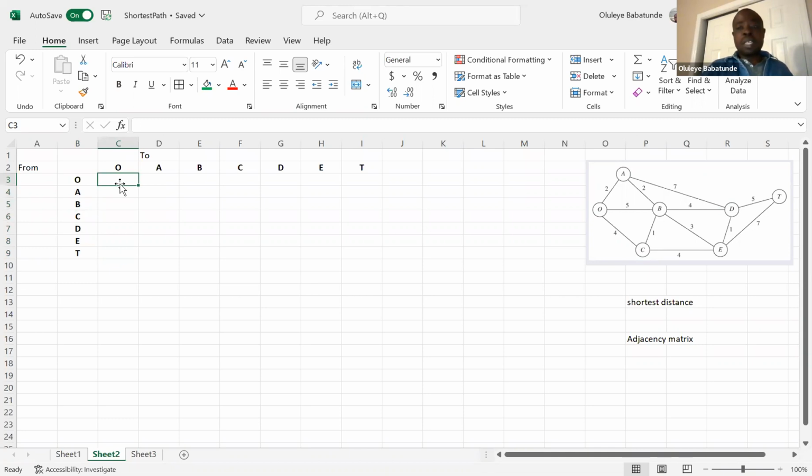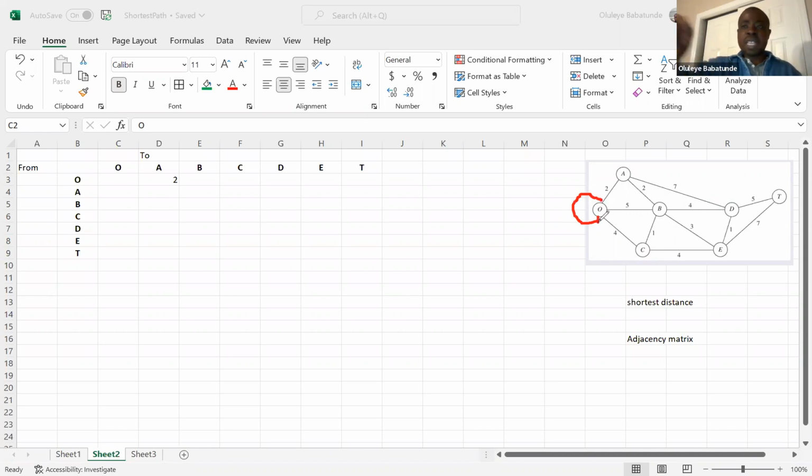Okay. Now, all the distances, the nodes, as you can see, from O to A, the distance is 2, right? I do not have a connection between O and O. See, there is no self loop. There is nothing like this in the network.